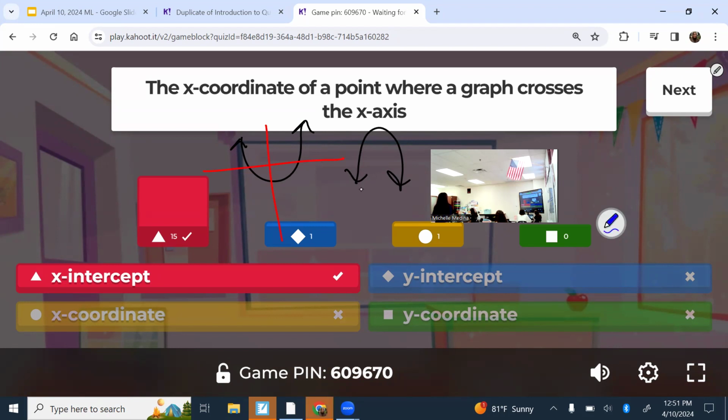You could, if the vertex is on the x-axis, like that is an example, then it just has 1 x-intercept. Could it have no x-intercepts? Yeah, it could be drawn something like this, where it doesn't touch the x-axis at all. Those are the 3 options: 2, 1, or no solution.